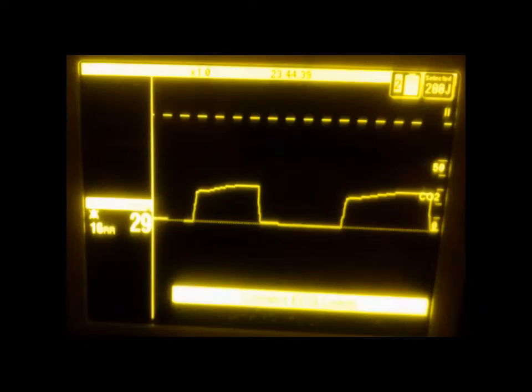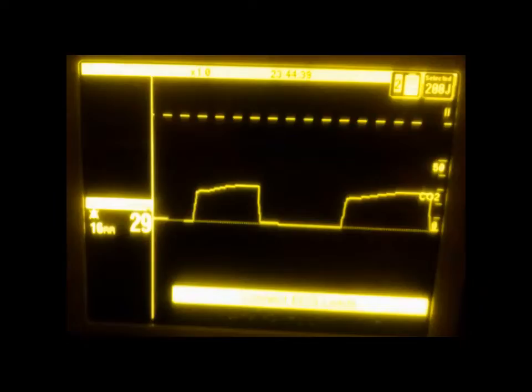Another thing to note is your monitors. This is a LifePak 12 monitor, but this will apply to just about any machine that you're using. If you notice, the scale is 0 to 50.